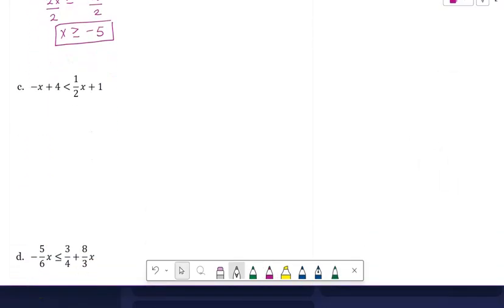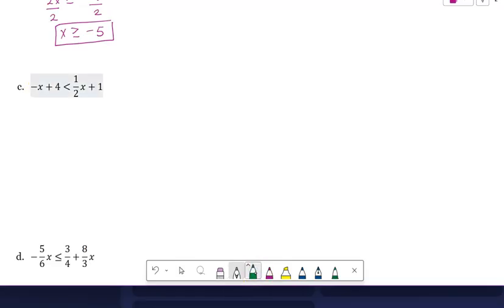For this example, I have a negative x on the left and I have a 1/2 x on the right. Before I get started, I think I might want to try to get rid of the fractions just to keep it a little bit easier.